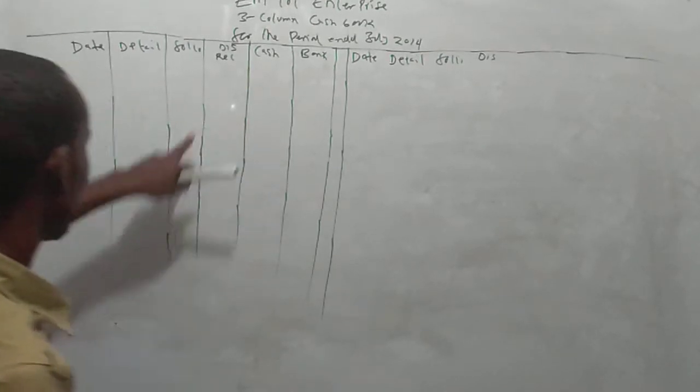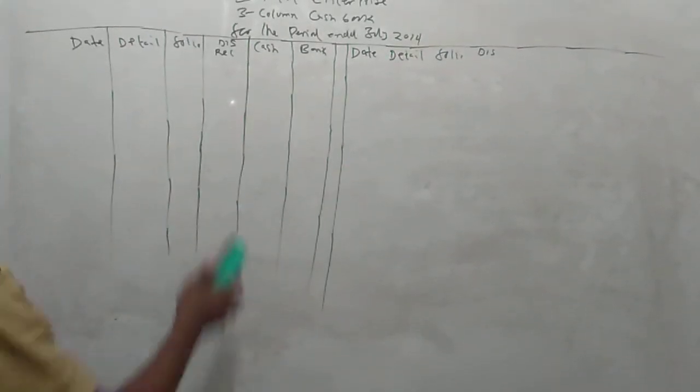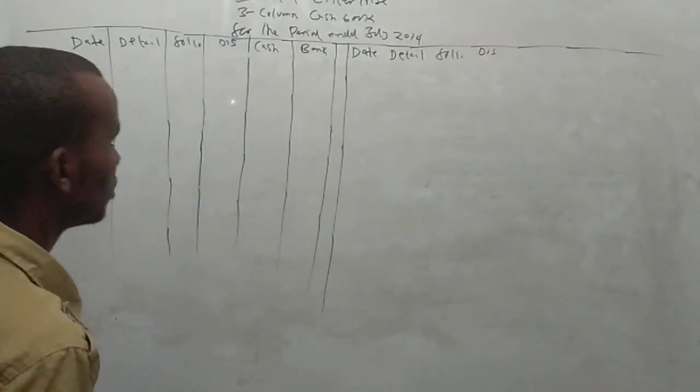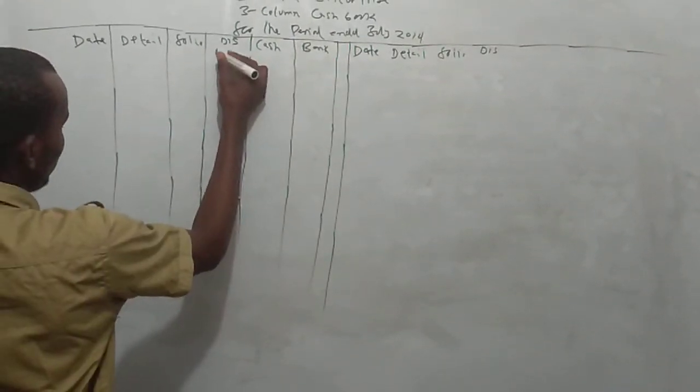Remember, there's a correction here. Discount received cannot be on the debit side. So this will be discount allowed. Yes, discount allowed.